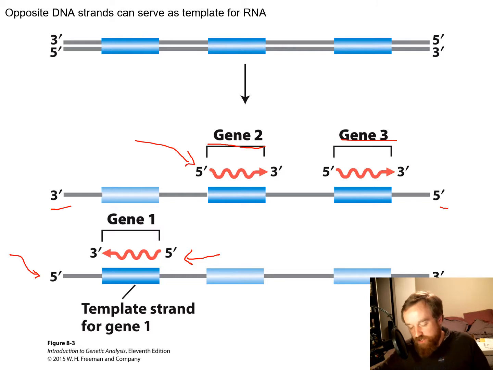So as you can imagine, because all genes aren't palindromes of one another, the direction of the strand is important for transcription of the gene. So only one of the strands is read for transcription to the gene product, but depending on the gene, it can be either of the two strands.